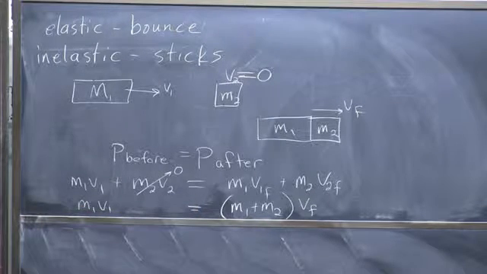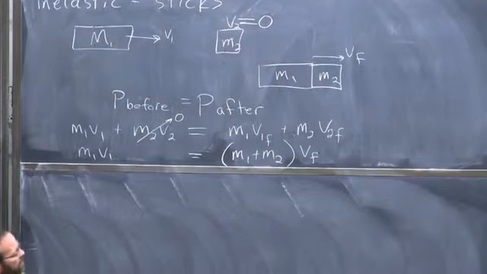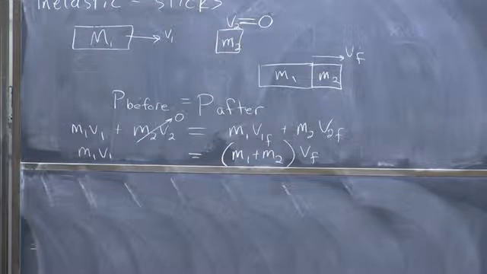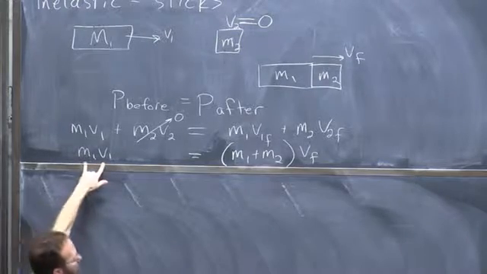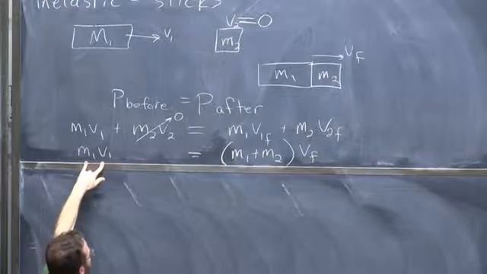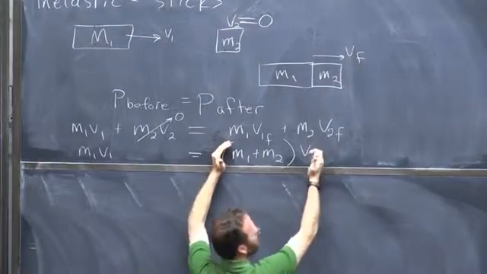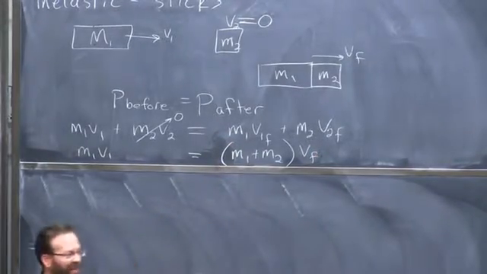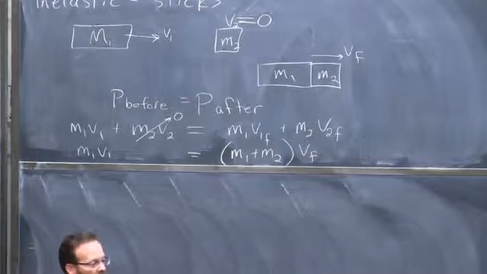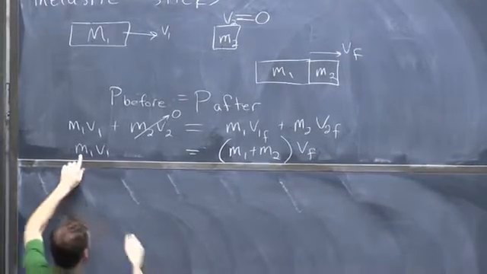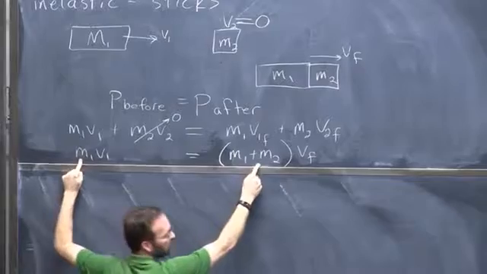So if any of these problems give you numbers that you need to compute, there you go. Conceptually, though, if he started out with all the momentum, afterwards, here's all the momentum, but it's split between the two, but they're moving together. So what did the mass do? How did it change?